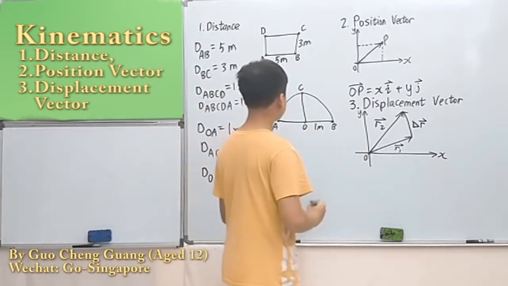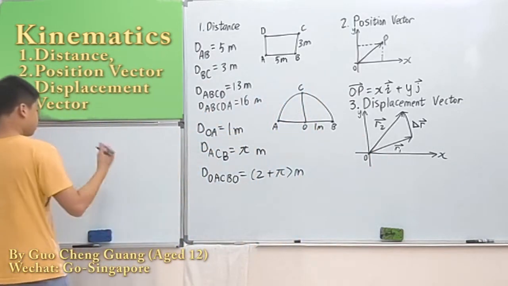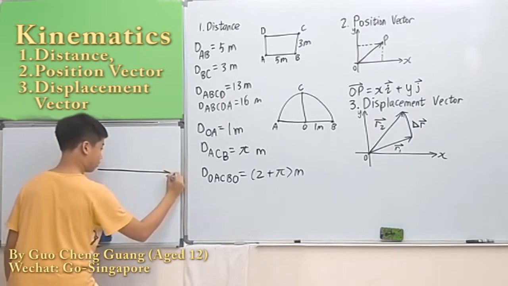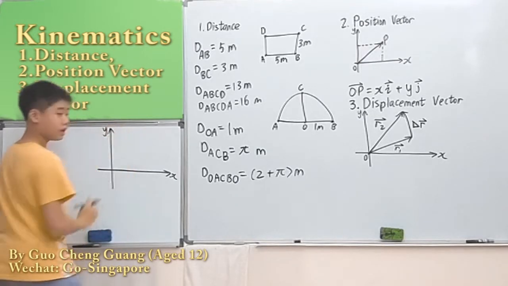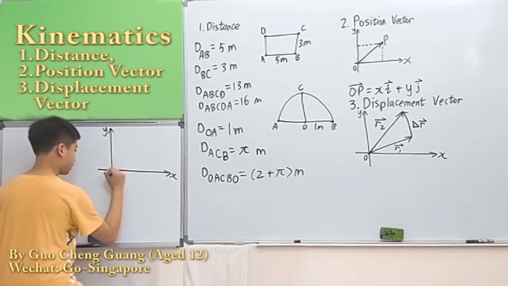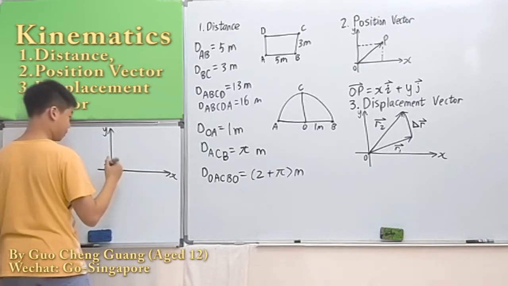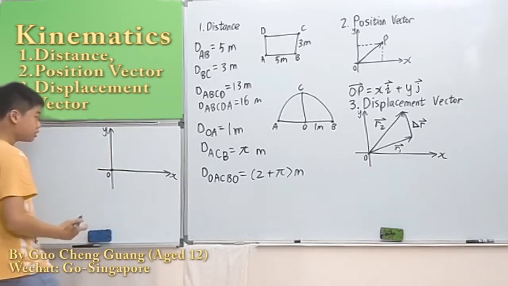Now we could try out some examples. For example, let me just draw one here. In this xy plane, here is the origin O. From this part, they might give rectangles.